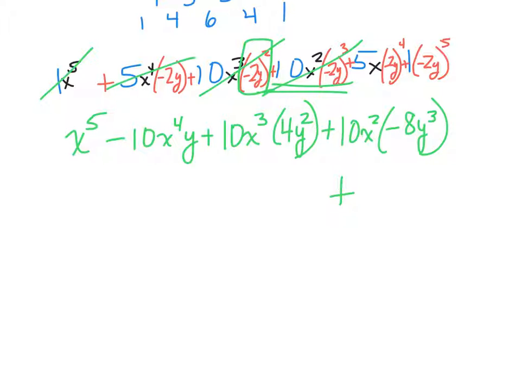So back here I got 5x times, and here if I raise a negative to an even power, I'll get a positive, and 2 to the fourth power is 16y to the fourth. Done with that one. And back here then, negative to the odd power, negative 2 to the fifth is going to give me a minus 32y to the fifth.